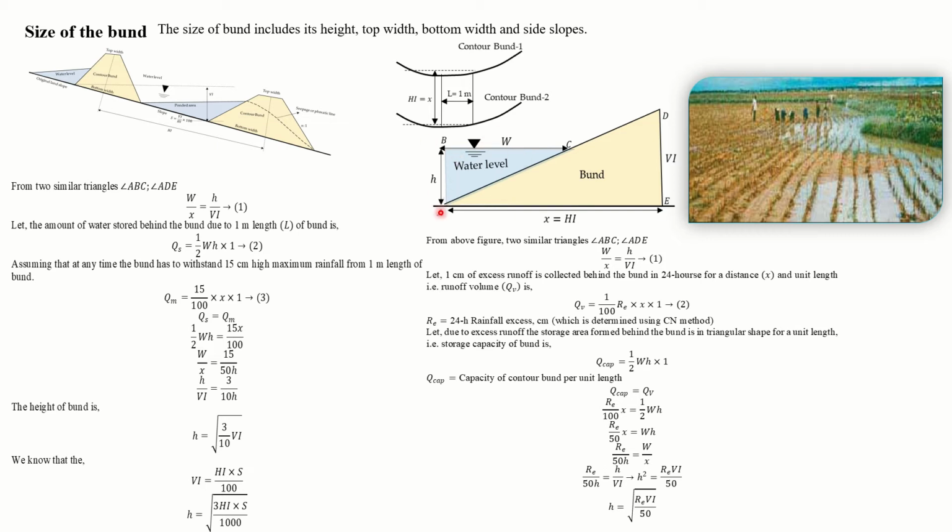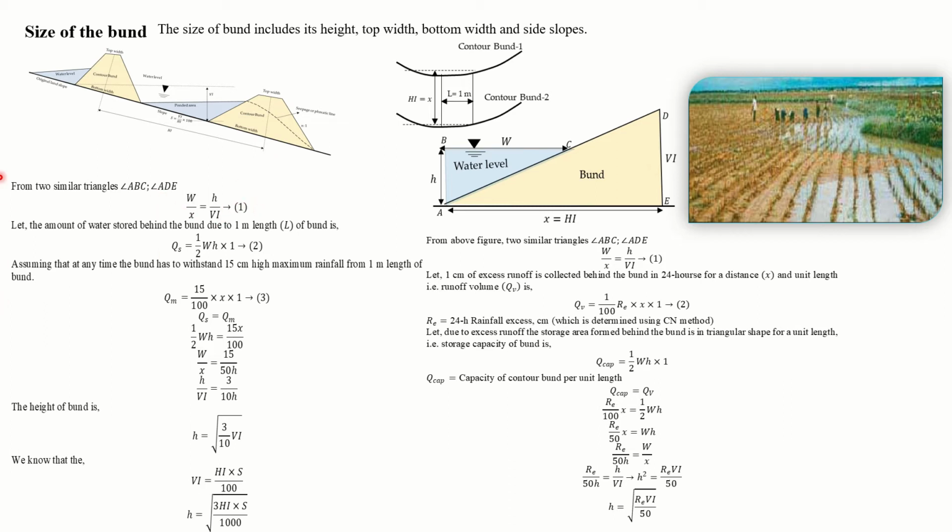Based on this picture, this is one small triangle and this is another big triangle. With two similar triangles, can I write w, the smaller width, by x, the base width, equals the small height by the capital height, that is h by the vertical interval.